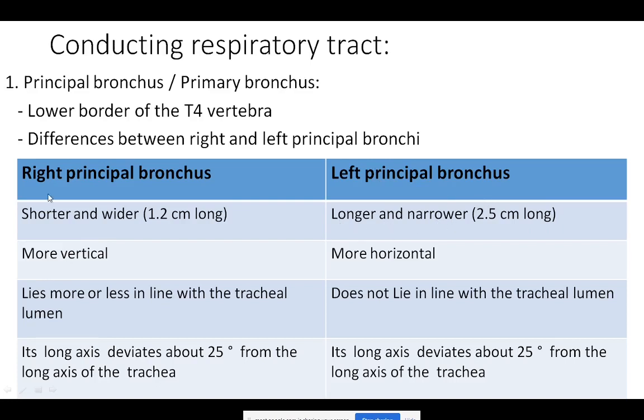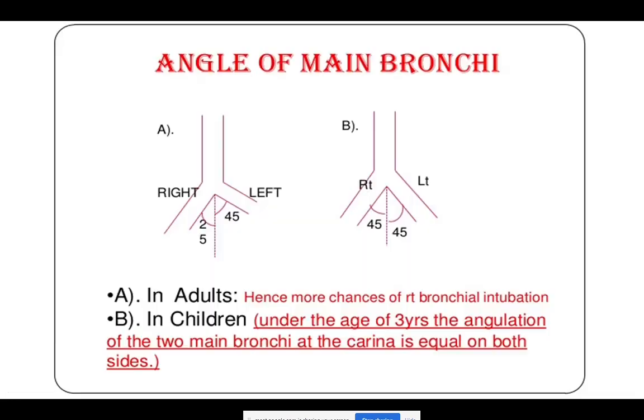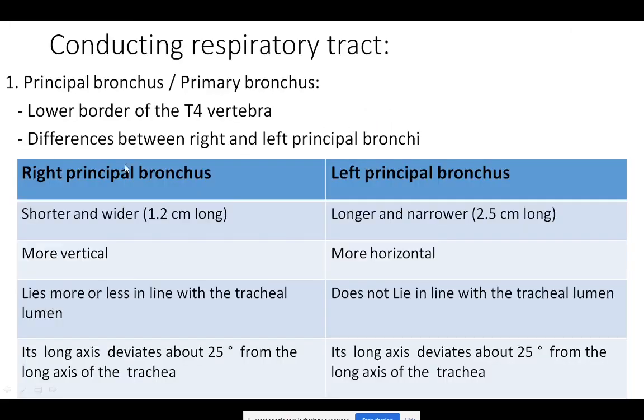The right principal bronchus is mostly vertical, in line, whereas the left primary bronchus forms an acute angle, or is mostly horizontal. The right primary bronchus lies more or less in line with the tracheal lumen.